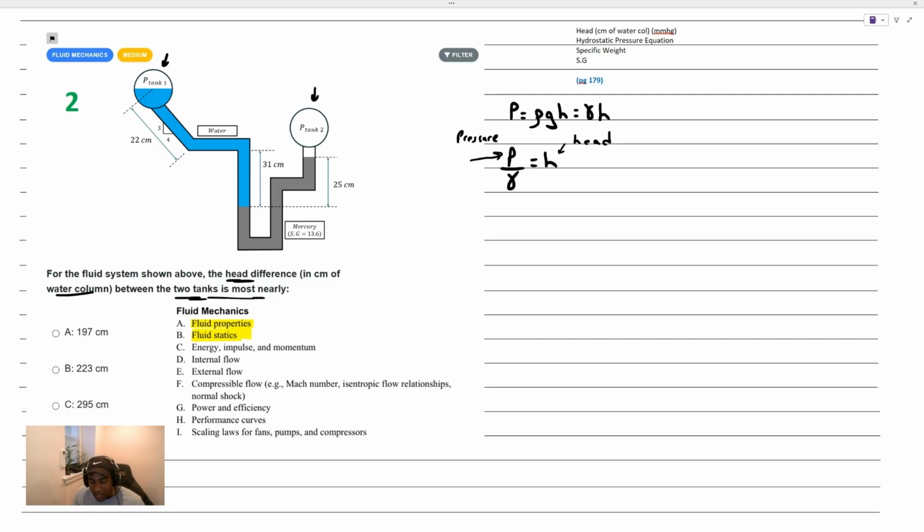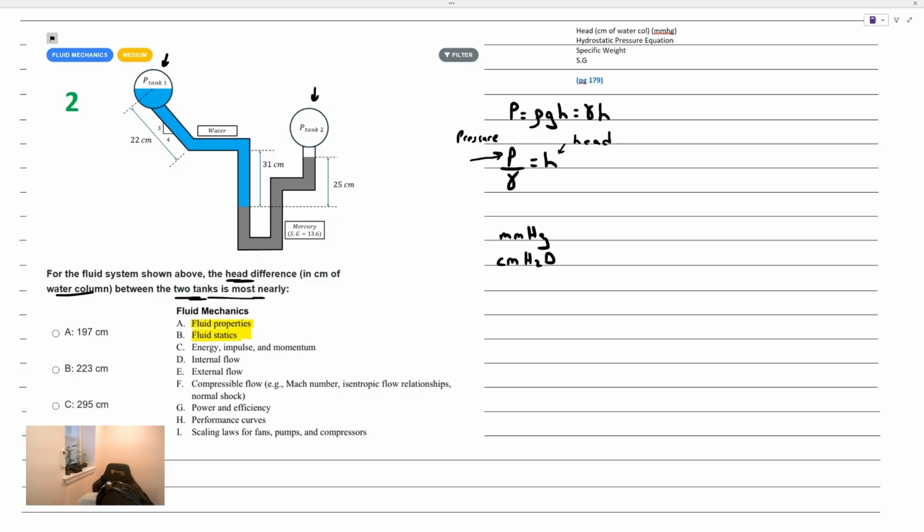If you've ever seen a weather forecast and the weather man or woman gives you the pressure in millimeters of mercury, that's similar to the idea of centimeters of water, right? Which is the unit that we're looking for the head here.